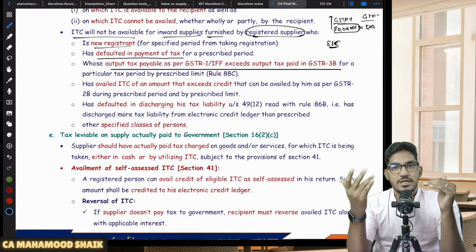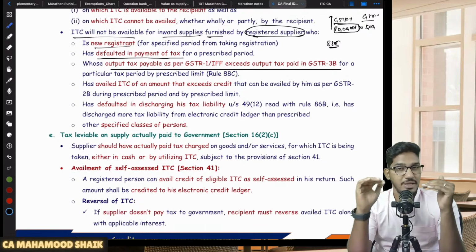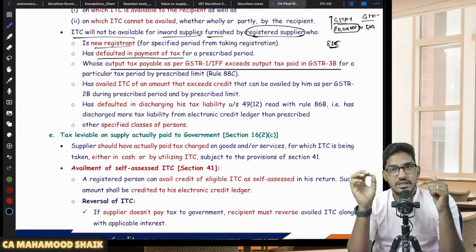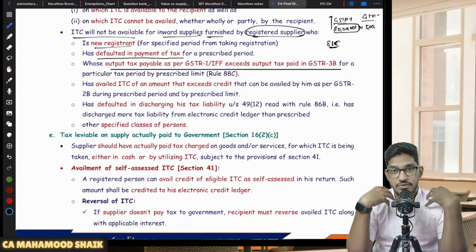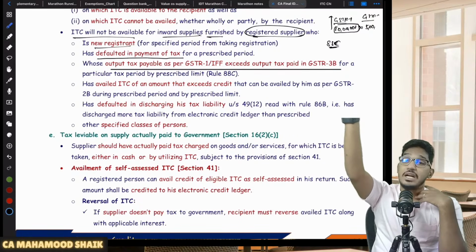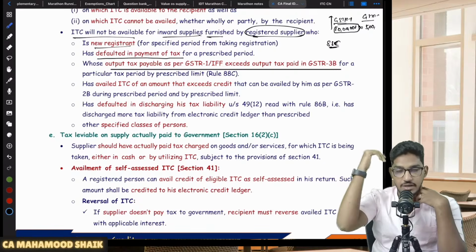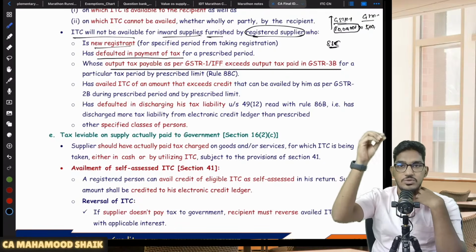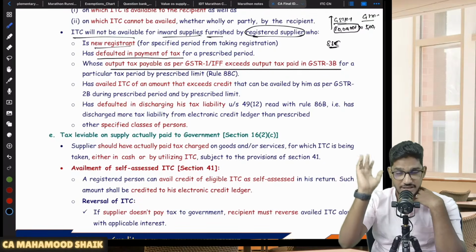That means he is trying to pass on more credit, but pay a lesser amount of GST. So for these fraudsters, a rule number 88C intimation will be given. In case you are buying goods from such a registered supplier to whom that rule number 88C intimation has been given and he is not responding to it, then also the ITC will be under the restriction category.